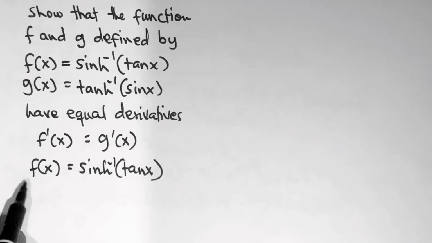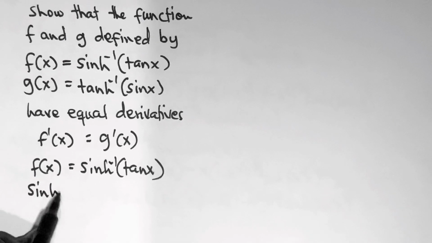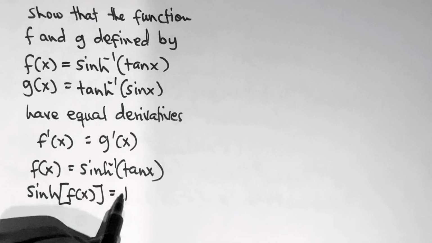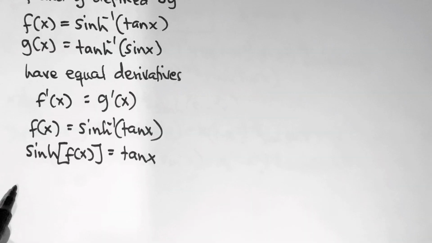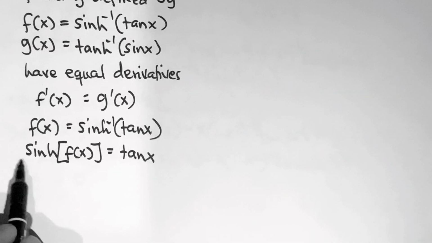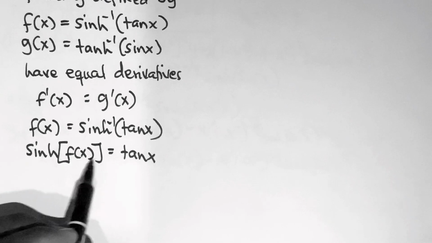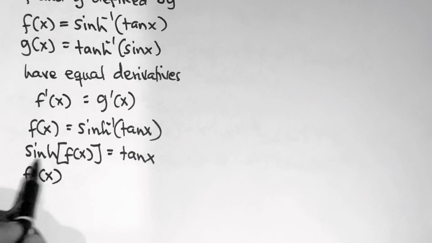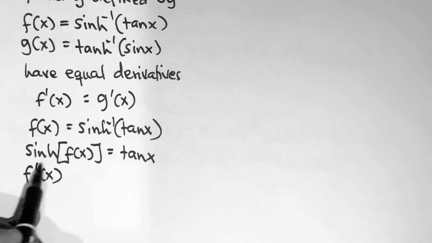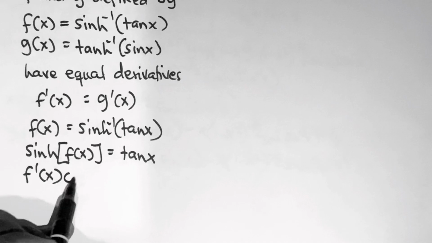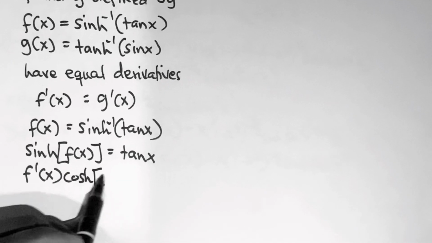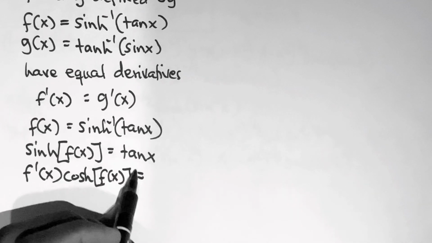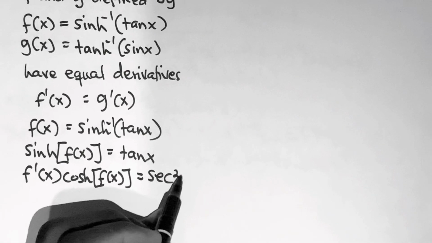So this implies that hyperbolic sine of f of x is equal to tan x. Now let's differentiate. To differentiate hyperbolic sine of f of x, we need to first differentiate f of x, which will give us f prime of x. And if you differentiate hyperbolic sine, you get hyperbolic cos. So this becomes hyperbolic cos of f of x, and this is equal to, if you differentiate tan x, sec squared x.